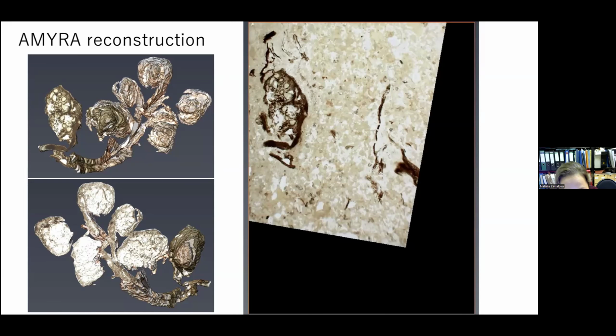One more question from Hanzang Song. Thank you, Professor Nishida. Is this method using laser cutting or a purely mechanical method? Will it destroy the tiny structure of the fossil? Yes, totally mechanical.